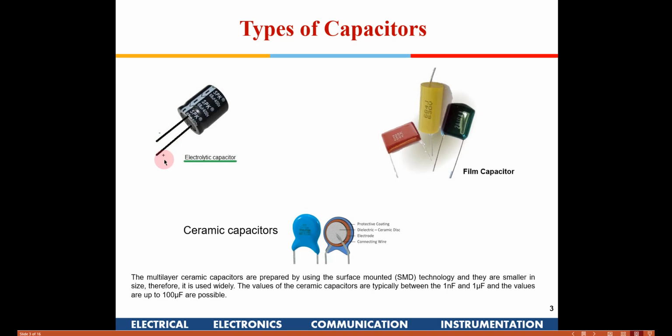If you are using it for rectification or something like that, the positive terminal needs the positive voltage, and the negative terminal needs the negative voltage, then only it will hold charge. These capacitors come in huge capacitances, in microfarads: 1000, 2000, 4000, 6000 microfarads. So you get big capacitors of higher capacity.